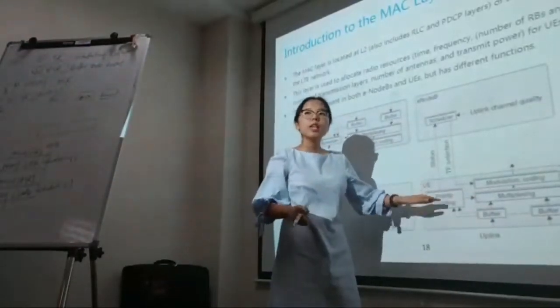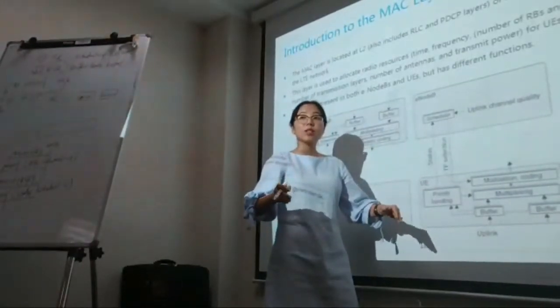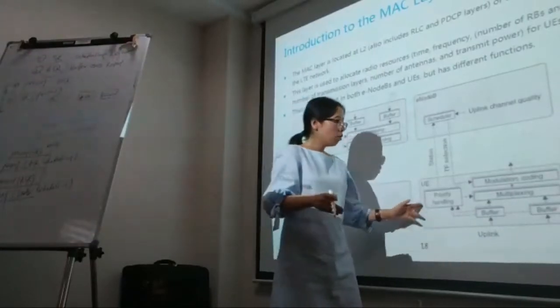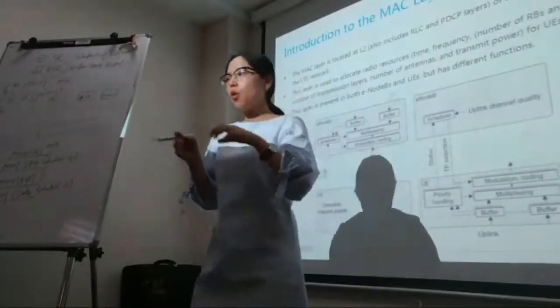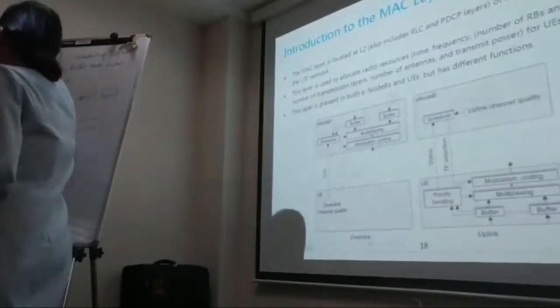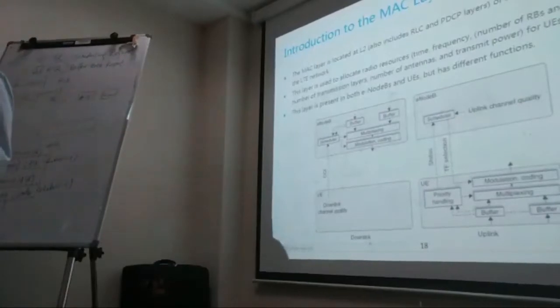The UE decides which logical channel's data can be transmitted. So for the priority, we will set a PBR. Different logical channels will have different priorities, so it always transmits the highest priority first.